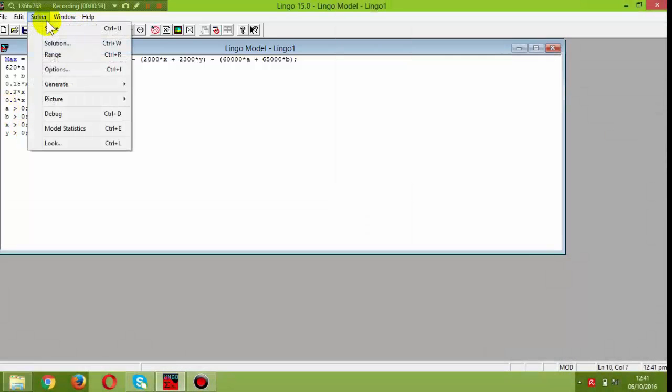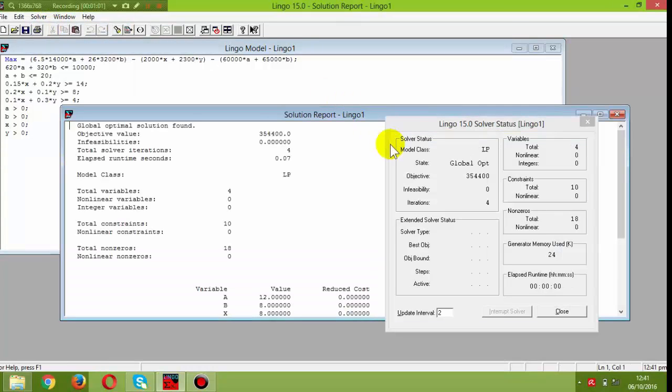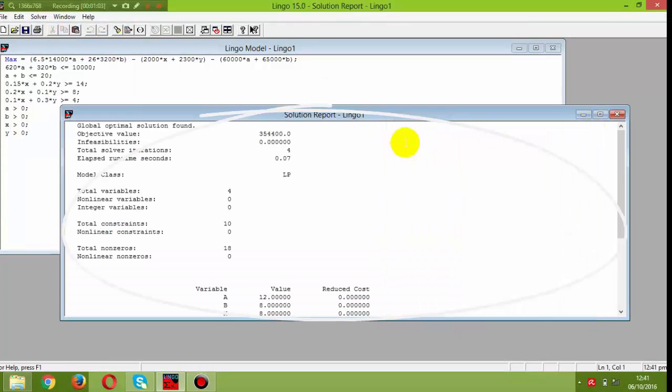Next is the result. We will have this result. Okay. The objective value is 354,400 rupiah.